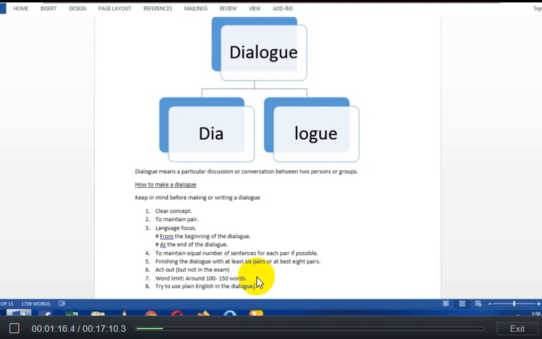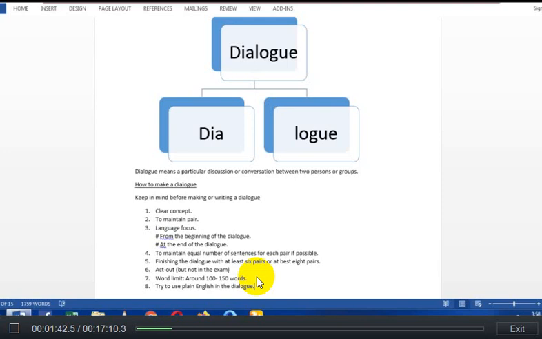Now we will discuss how to make a dialogue. We are able to make a dialogue in the following category, but you must keep in mind before making or writing a dialogue. Number 1, clear concept.